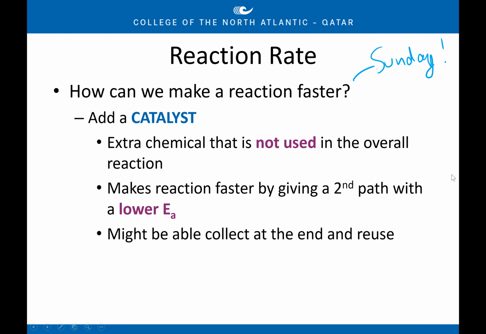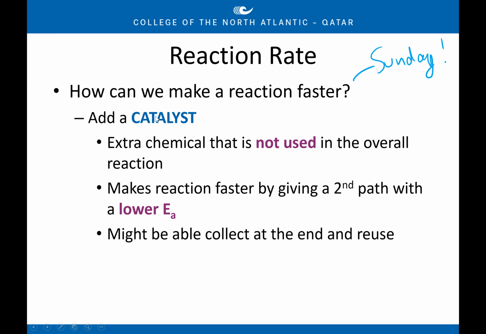You can make a reaction faster by adding a catalyst. Now, anybody who's into cars might have heard of the term catalytic converter. There's a catalyst in a car that helps convert exhaust or chemicals from your car into less dangerous chemicals, better for the atmosphere.